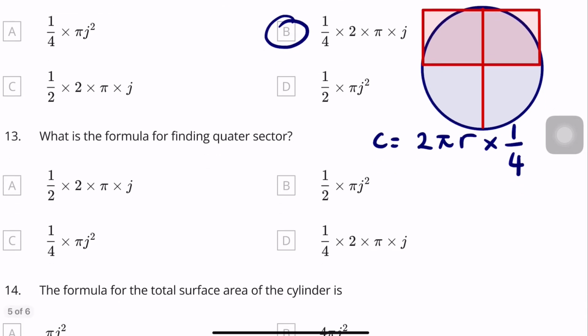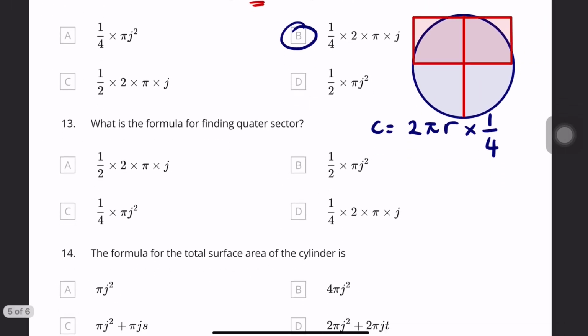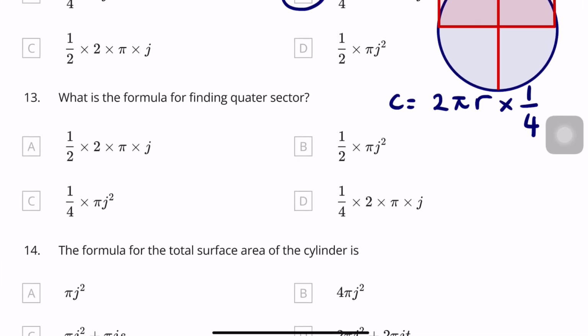Next, what is the formula for finding a quarter sector? Okay, I changed the question.